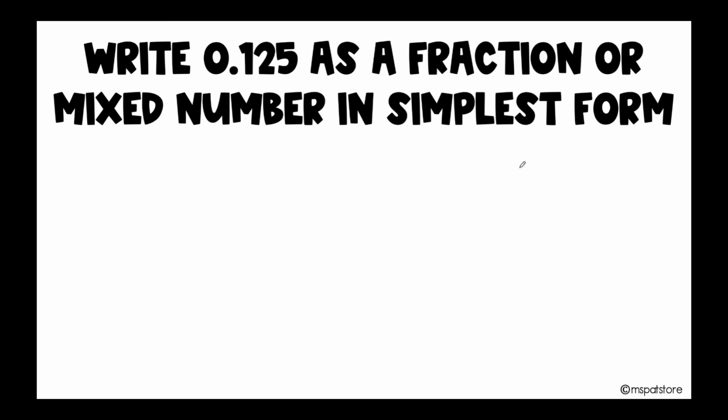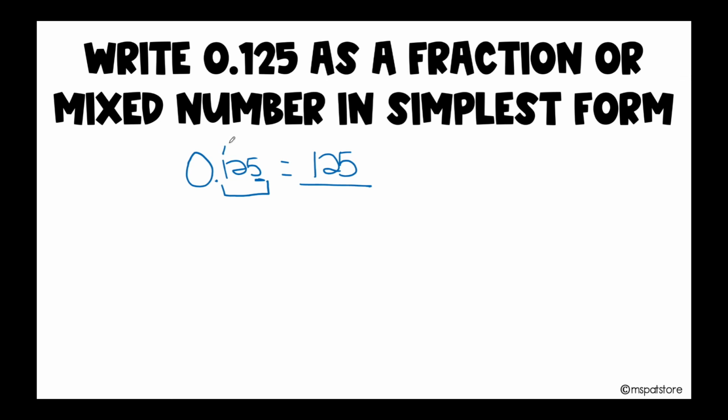How about you pause the video and try to do this one by yourself? Very good. Here, let me write it down so you can see it better: 0.125. Remember, the digits after the decimal point will be your numerator, okay? And the last digit is standing in the, very good, thousandth place.